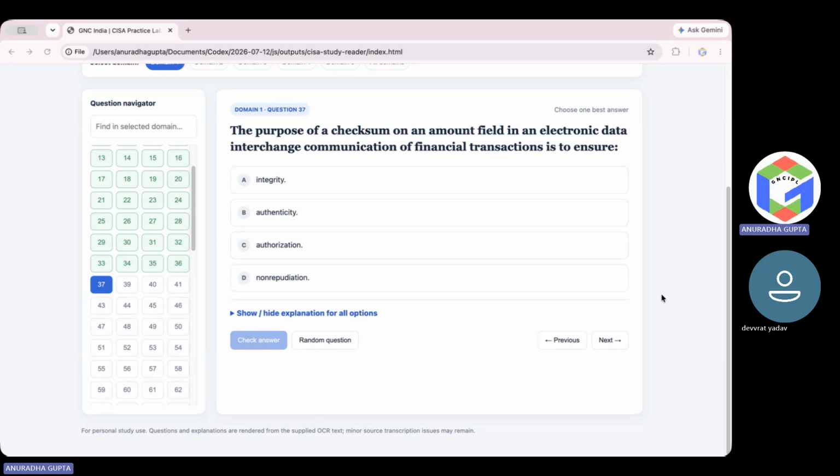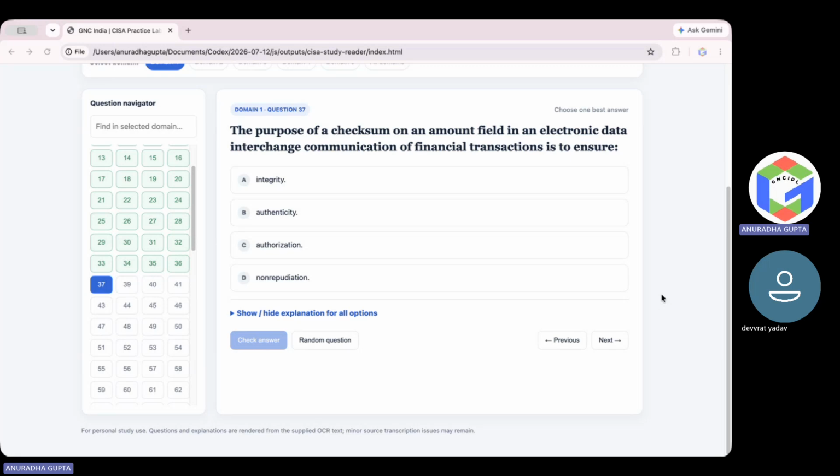Authenticity means your friend will ask whether you are really my friend who is going to send money to me, whether you are an authentic person or not. He will raise a question of authenticity, right?